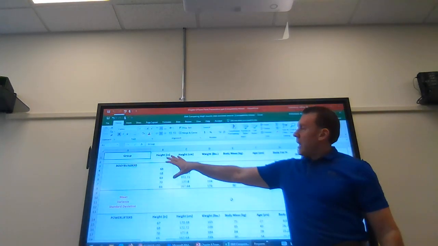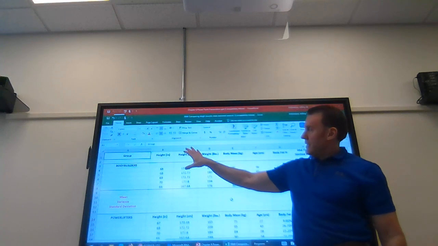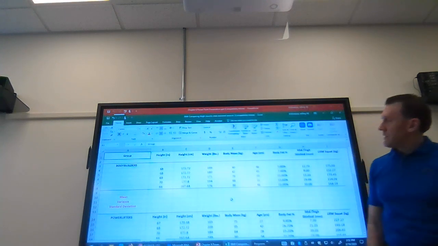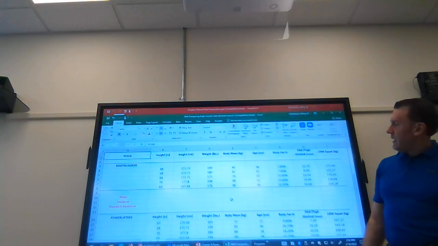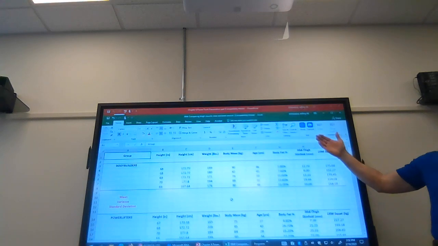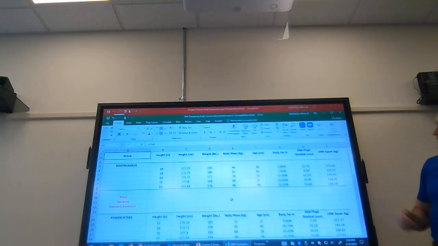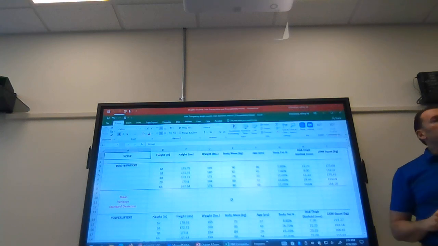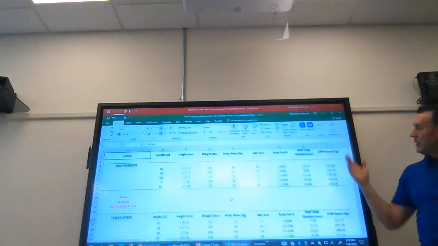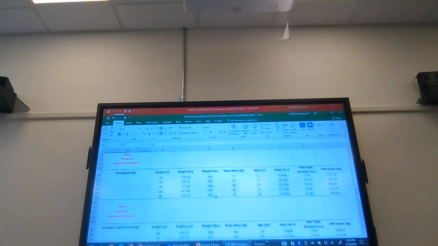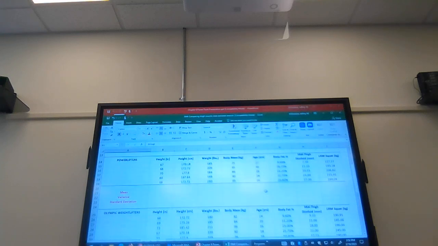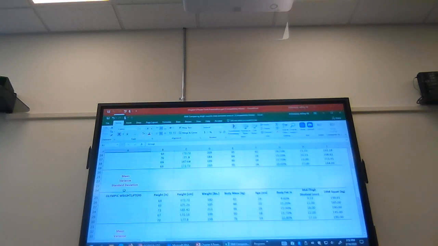And we took height, you can see both inches and centimeters, weight in pounds, body mass in kilograms, their age, body fat percentage, mid-thigh skin fold in millimeters, and then their 1 rep max squat in kilograms. For research, you use metric units there. You can scroll down and see for powerlifters what their numbers were like, and then for the Olympic lifters there what their numbers were like.